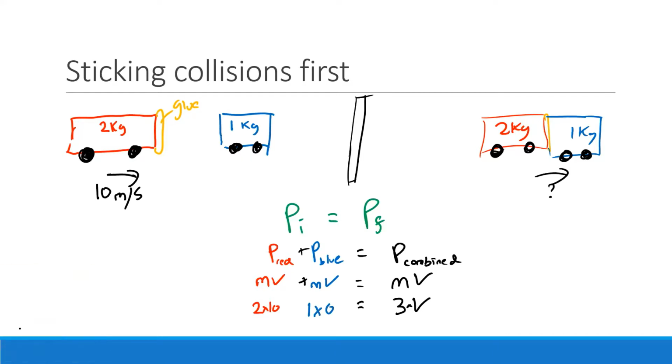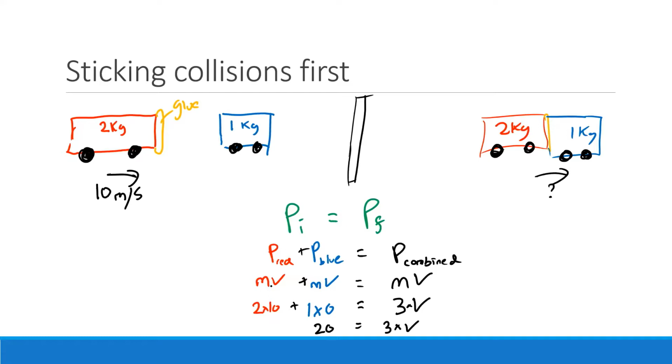So what that means is that our initial momentum to the left is going to be 20 kilogram meters per second, whereas its momentum at the end will be 3 times v. Now, if we know the momentum has to be conserved, your final momentum must be equal to your initial momentum. In other words, you can't lose momentum to nothing.